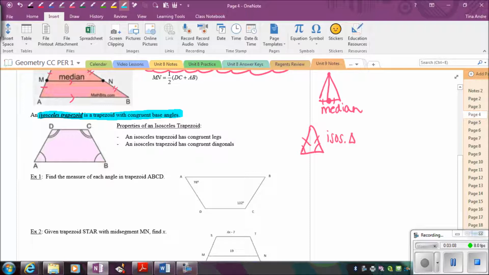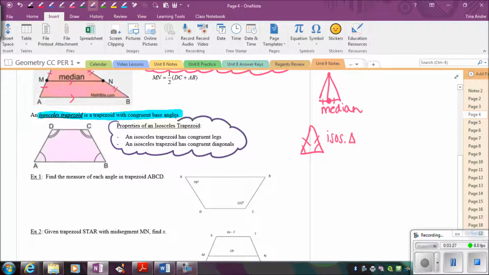But if you notice, again, there's two bases, so really there's two sets of congruent angles. So angle D and angle C and angle A and angle B are your base angles, so both pairs of those are congruent.